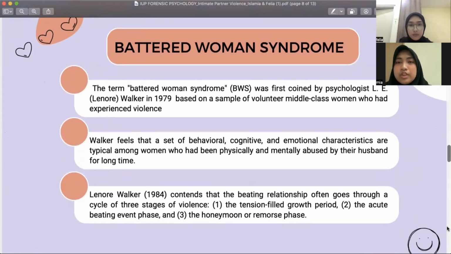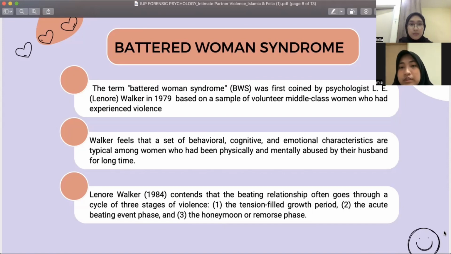So next, we're going to talk about battered woman syndrome. The term battered woman syndrome, or BWS, was first coined by psychologist Lenore Walker in 1979, and it is based on a sample of volunteer middle-class women who had experienced violence. Walker feels that a set of behavioral, cognitive, and emotional characteristics are typical among women who had been physically and mentally abused by their husband for a long time.